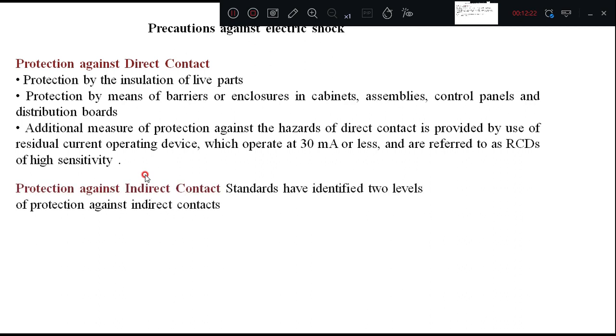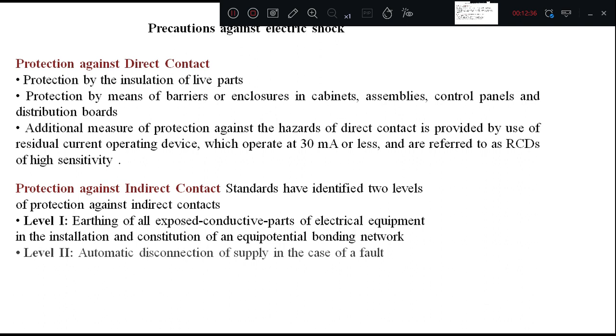Then protection against the indirect contact, which is mainly because of insulation failure. Two levels of protection are suggested for indirect contact. In level 1, you have to provide the installation with earthing of all the exposed conduits and parts of the electrical equipment, and an equipment bonding network should be properly earthed.